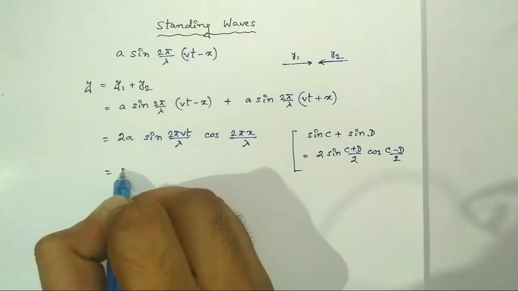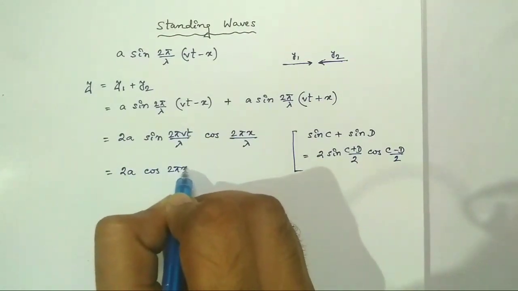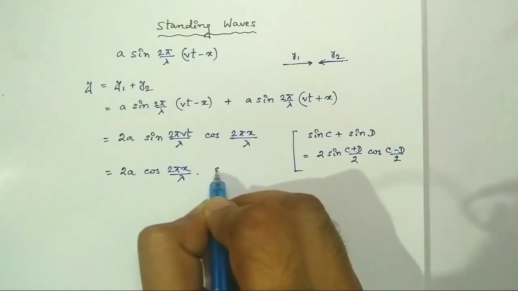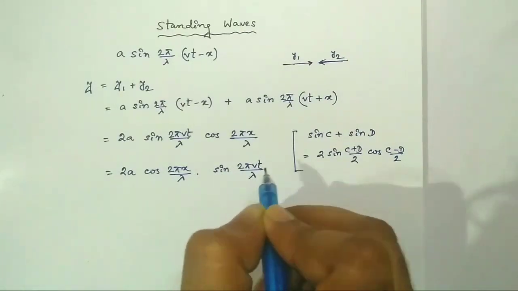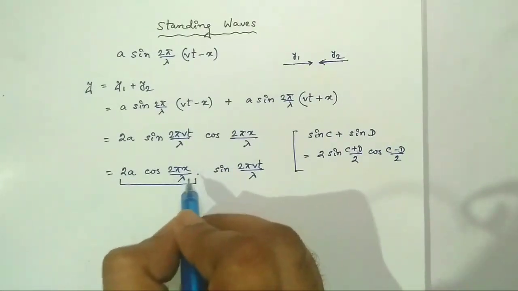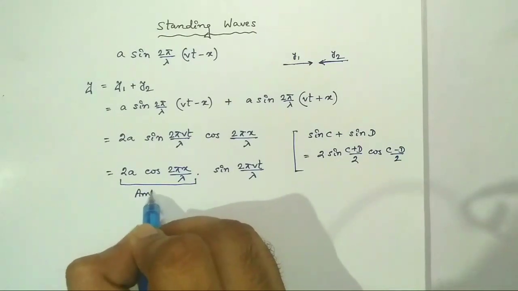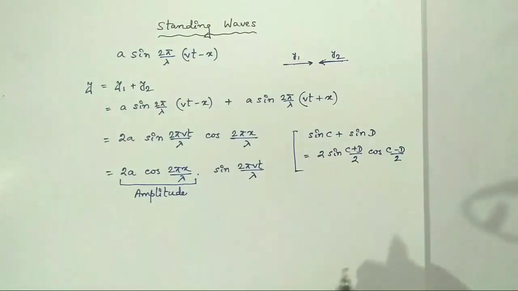We can write it as 2a cos 2 pi x by lambda into sine 2 pi Vt by lambda, where 2a cos 2 pi x by lambda is the amplitude. It is the amplitude of the stationary wave.